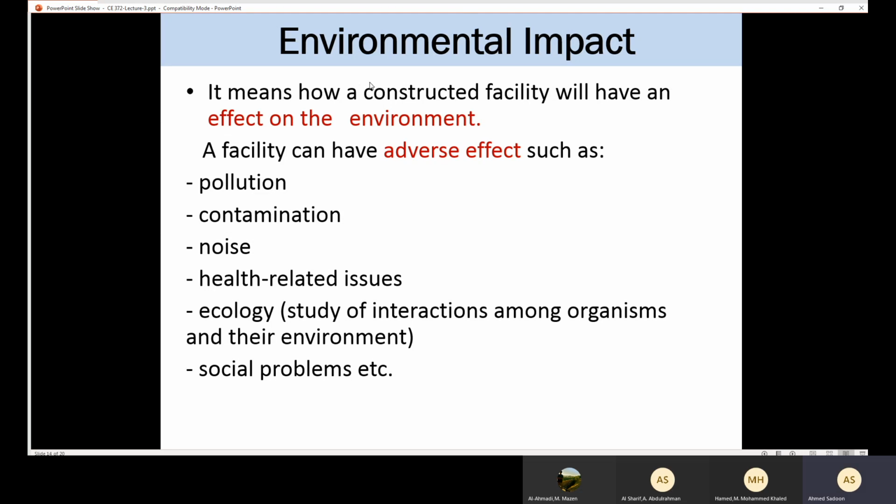Finally, we have the environmental impact. Many projects or solutions are going to have a bad effect on the environment, like pollution.